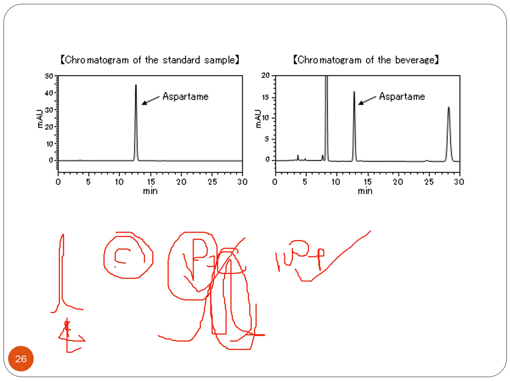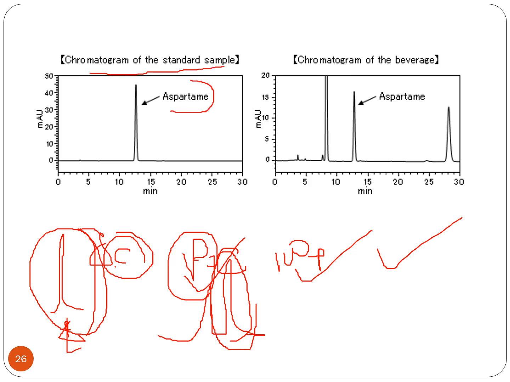Same with Coke, same with 100 plus. Is there a peak the same as the caffeine peak in the standard? Okay, so like that. This one is also the same. Chromatogram of the standard sample, aspartame. Aspartame is an artificial sweetener.